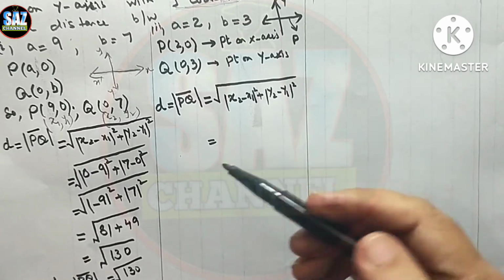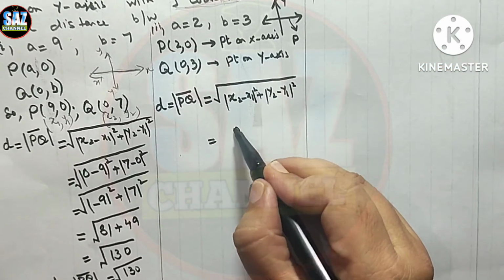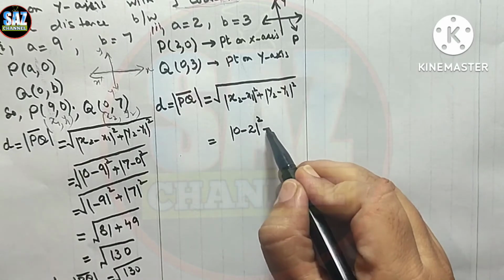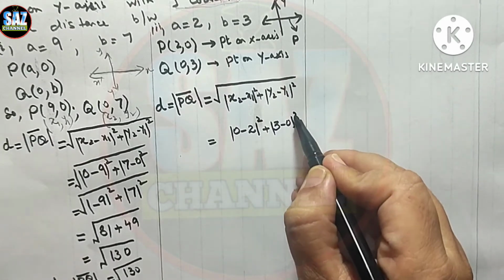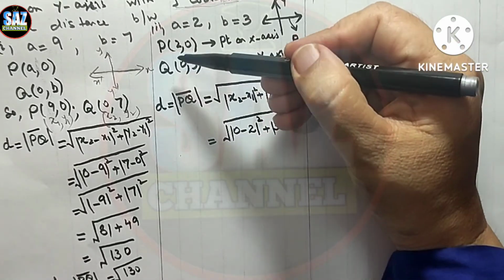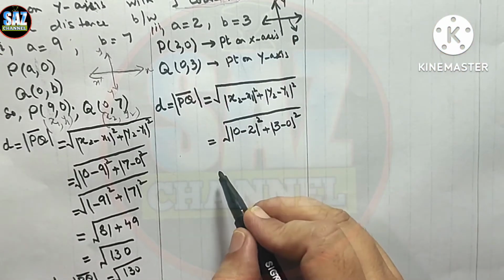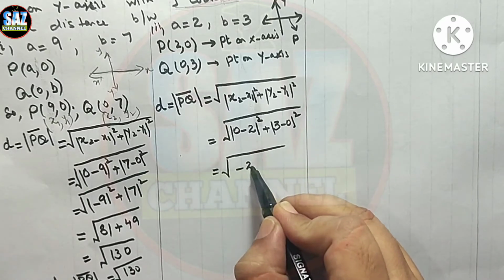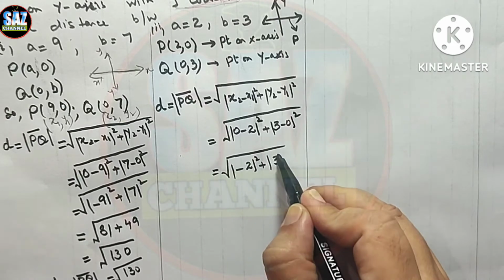Now, (0 minus 2) whole square plus (3 minus 0) whole square. 0 minus 2 and 3 minus 0. 0 minus 2 gives me minus 2 square plus 3 square.